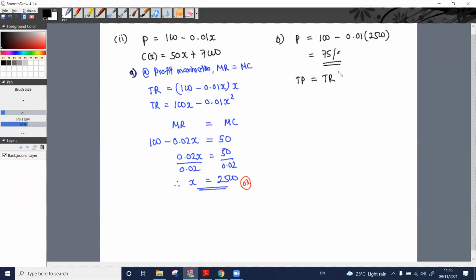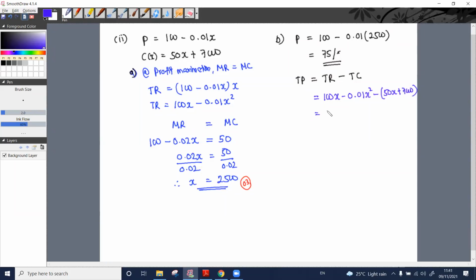Total revenue minus total cost. Total revenue is what? 100x minus 0.01x squared. From this we need to deduct total cost, that is 50x plus 7,000.